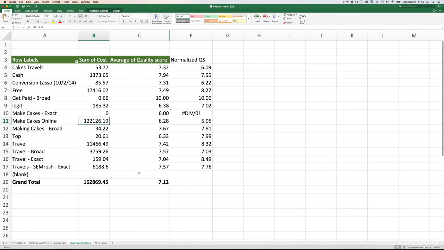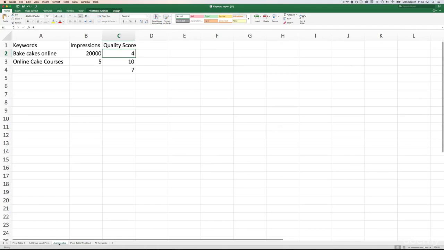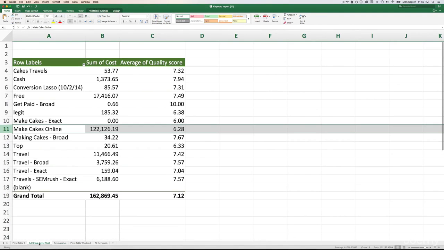So overall, we definitely did a lot of pretty advanced stuff. We took a look at understanding weighted averages. We took a look at understanding pivot tables, how to assess the overall account quality score health, and then how to determine exactly which ad groups need work by using the average quality score, figuring out which ad groups are spending the most money and have the lowest quality scores, and figuring out based on the weighted average, once again with a little bit more accuracy, which ad groups you need to start working on.